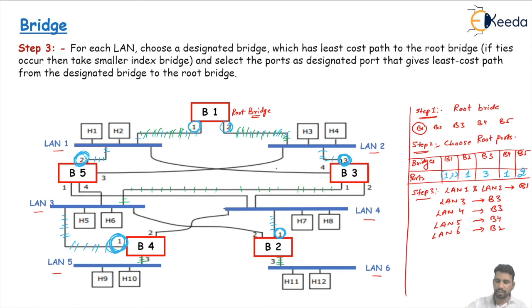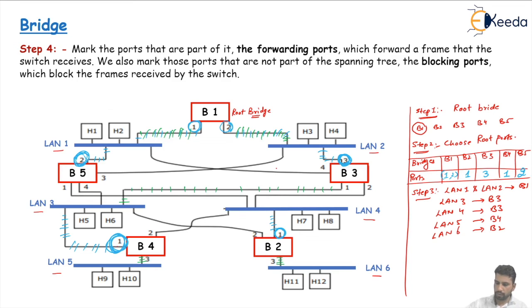We choose the designated bridge, and we choose the designated port also. Step number 4 says to mark the ports that are part of it, meaning the forwarding ports.